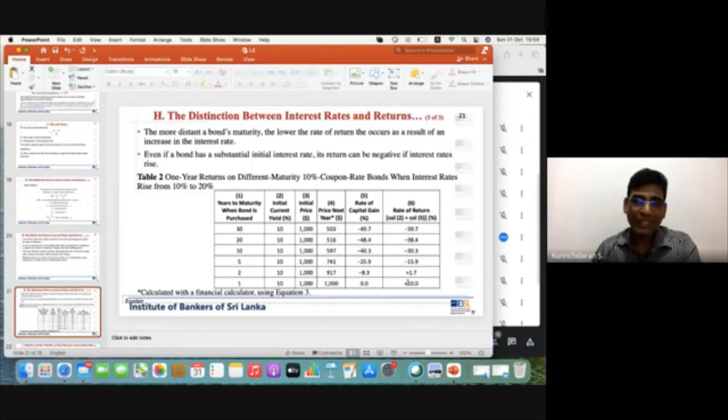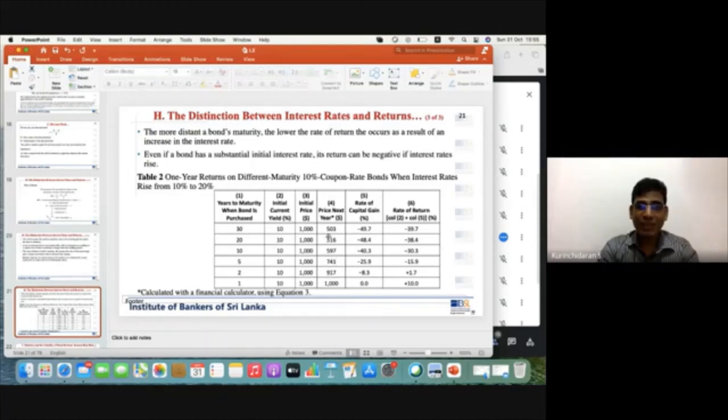But if you have a 2-year maturity bond, you are going to discount for 2 years. Earlier the rate was 10%, now it's 20%. You are going to discount by 2 years at 20%.